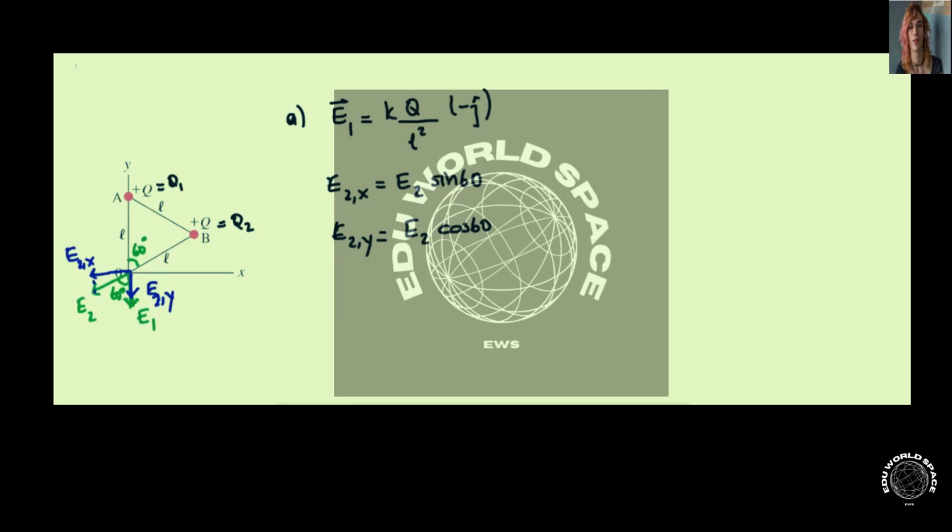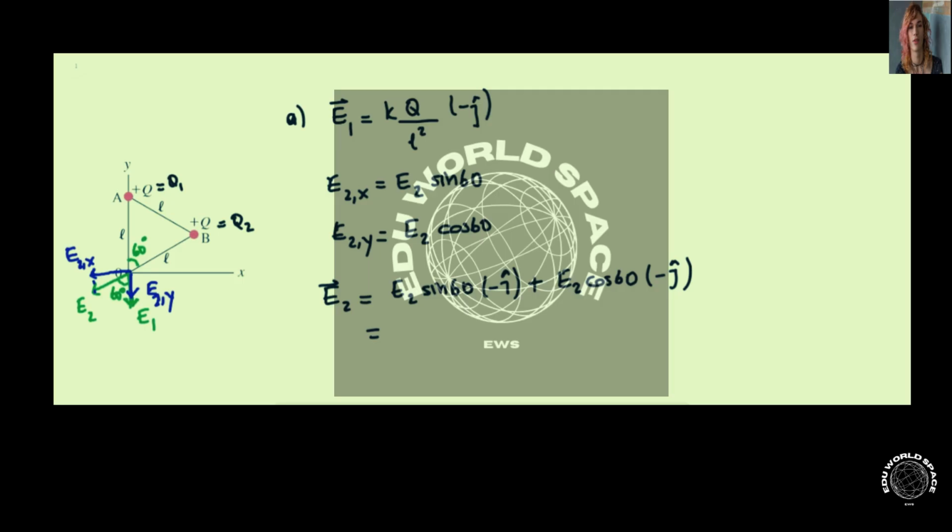And what is E2 in this case? When we're writing the E2 vector, first we write E2 sine 60, the X component, and this X component is in the negative X direction, so we put negative i hat there, plus E2 cosine 60, and the Y component is also pointing down, which means the unit vector that we need to use is negative j hat. We still didn't calculate what E2 is.